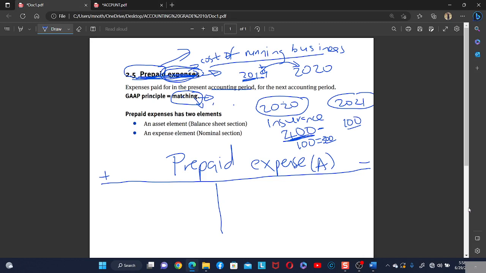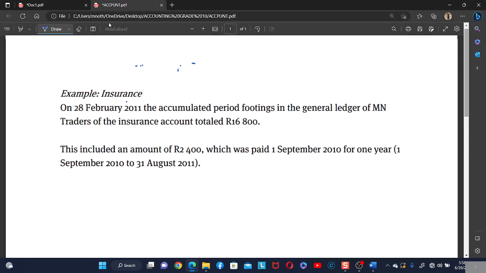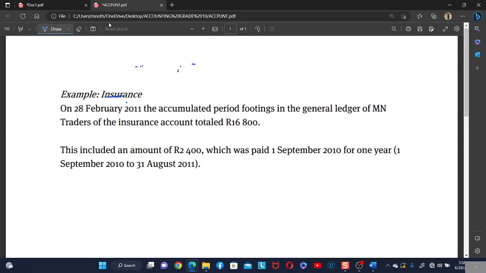So let's go and do an example. Example, insurance. On 28 February 2011, the accumulated period footings in the general ledger of MN Traders of the insurance account total to 16,800.